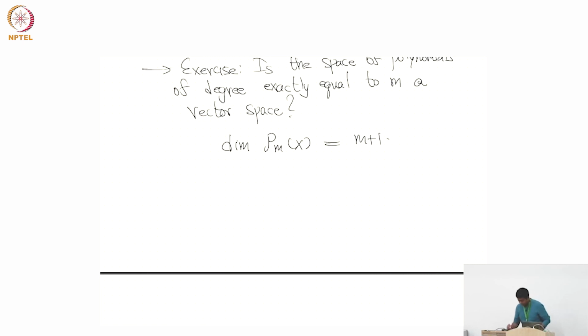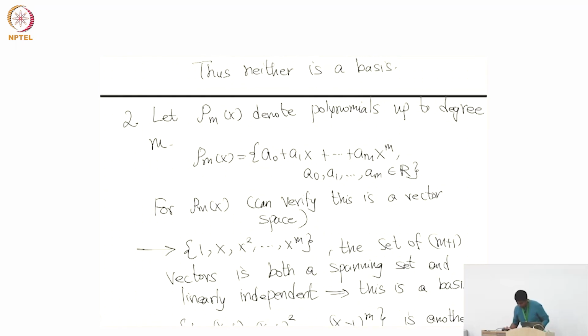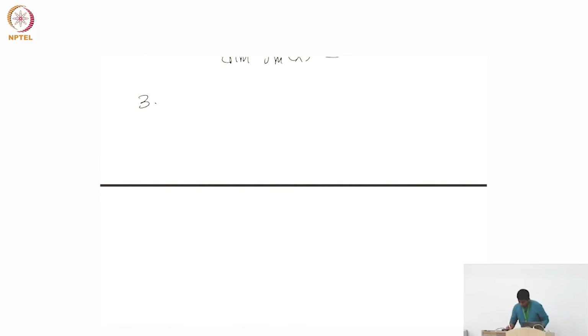Okay, so earlier I talked about a third example. Consider the vector space of, sometimes you can say, infinite sequences where x1, x2 are all real numbers.